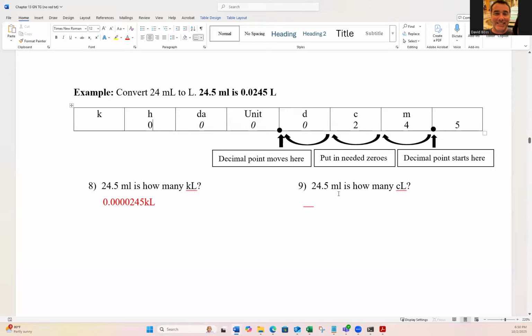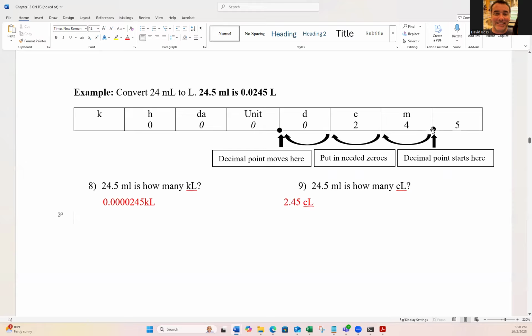All right, so 24.5 milliliters is how many centiliters? You're just going to go one over, right? Because you're going from here to here, so it should be 2.45. You're just moving from milliliters to centiliters.